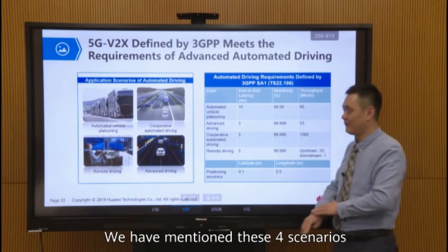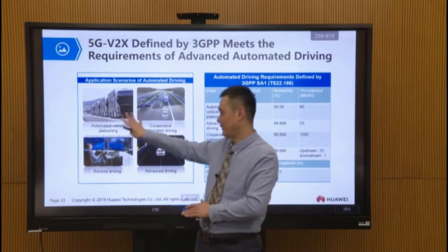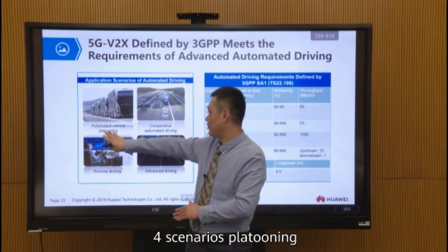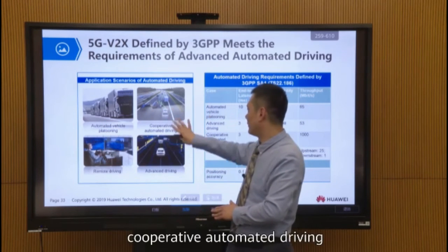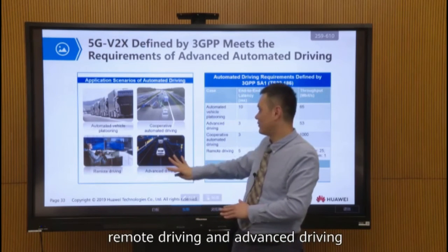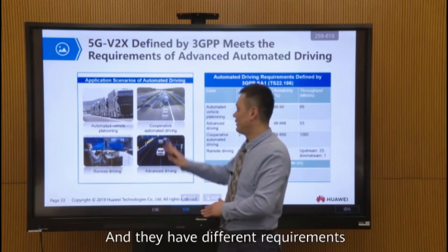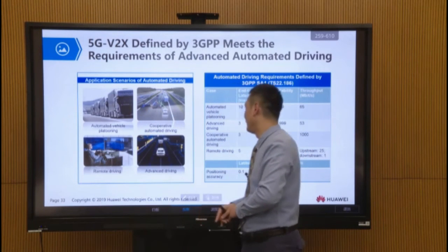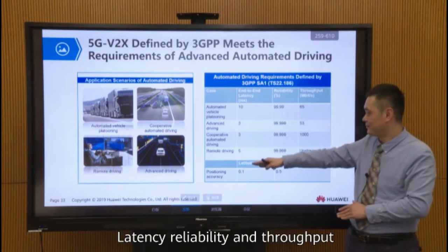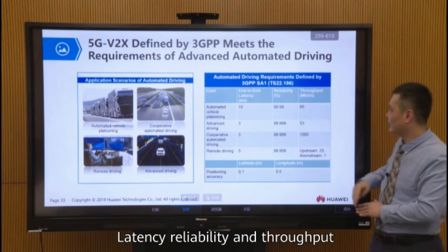And 5G V2X can support all advanced automated driving scenarios. We mentioned these 4 scenarios in the previous slide already: platooning, cooperative automated driving, remote driving, and advanced driving. They have different requirements for the network: latency, reliability, and throughput.